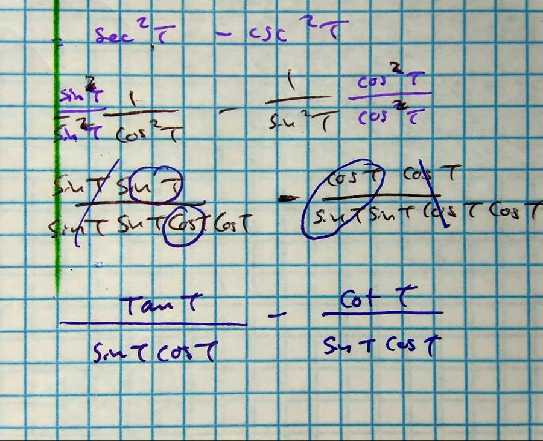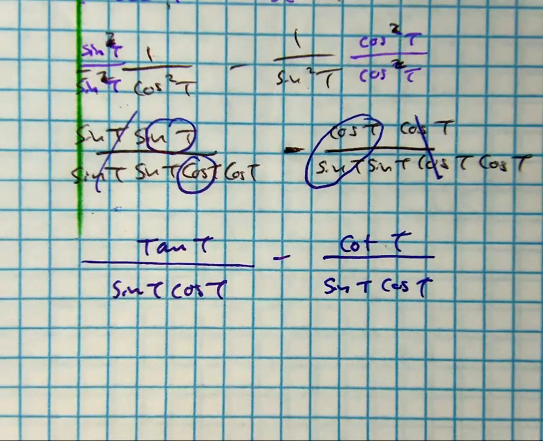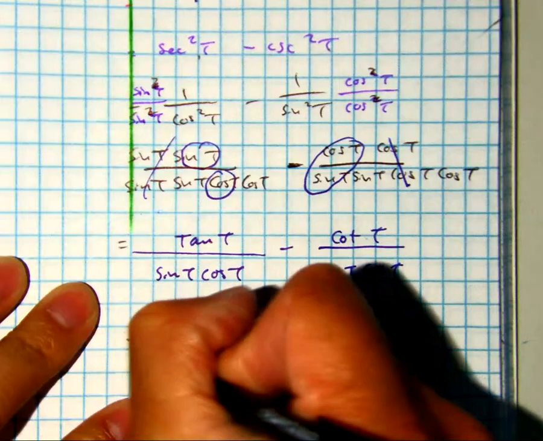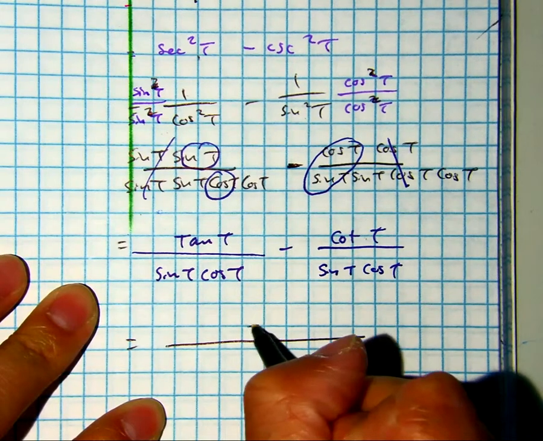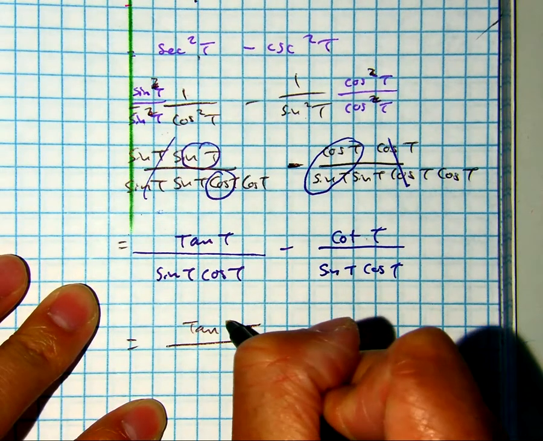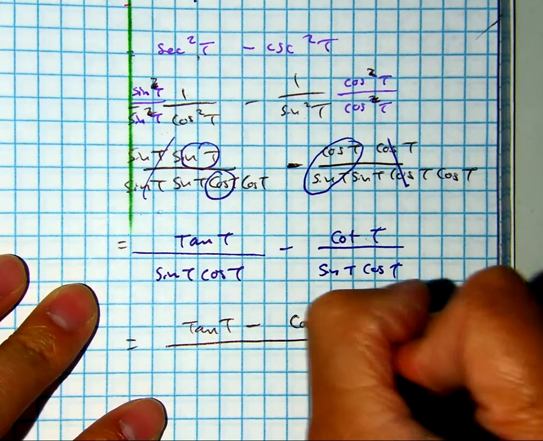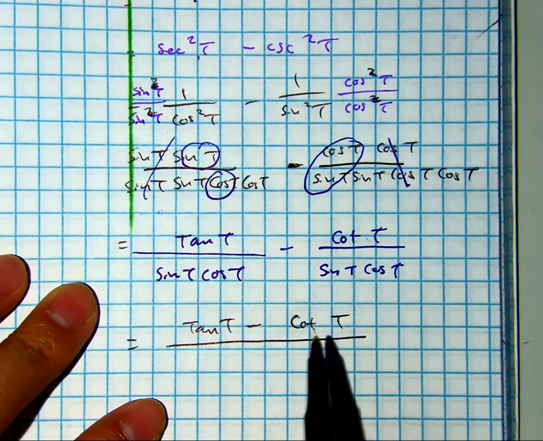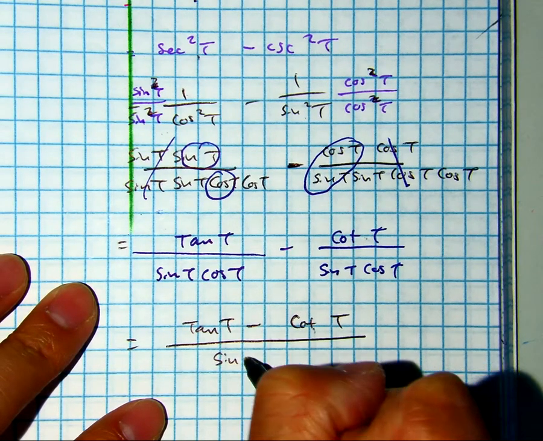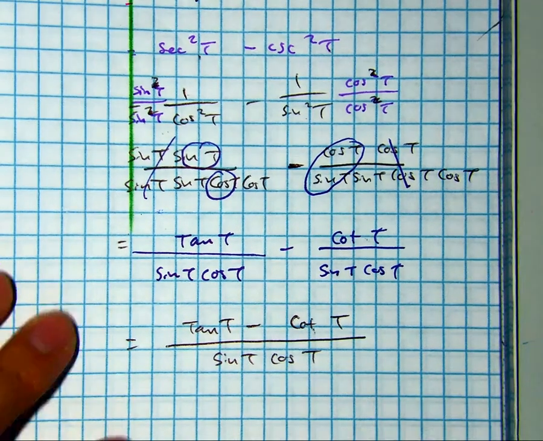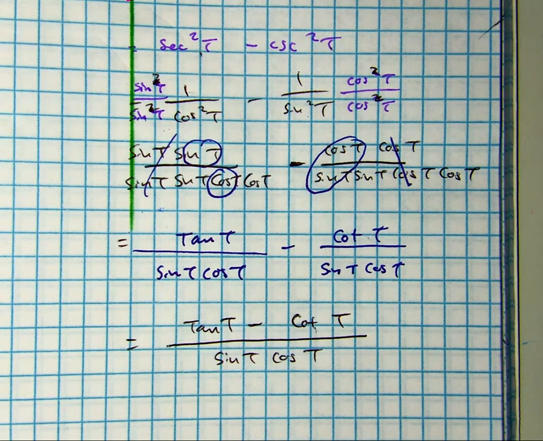We're off. So now I have a common denominator, right? So now I can write one fraction, tangent minus cotangent of t. This is wrong. Over sine of t cosine of t. Oh, that's complicated.